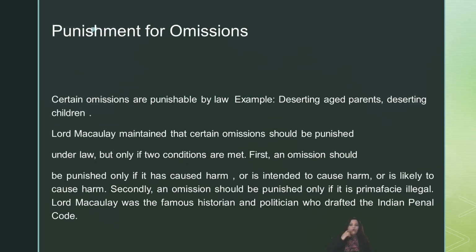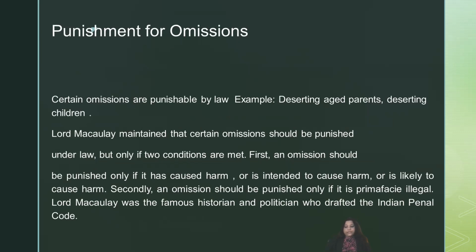Next, we have punishment for omissions. Certain omissions are punishable by law. For example, deserting aged parents or not taking care of them, or deserting children after giving birth. Lord Macaulay maintained that certain omissions should be punished under law.